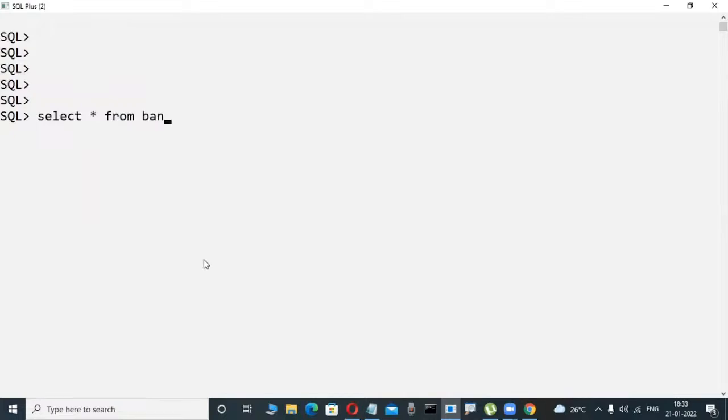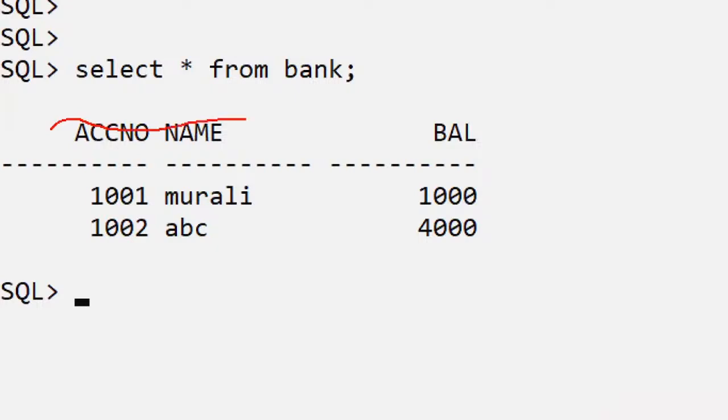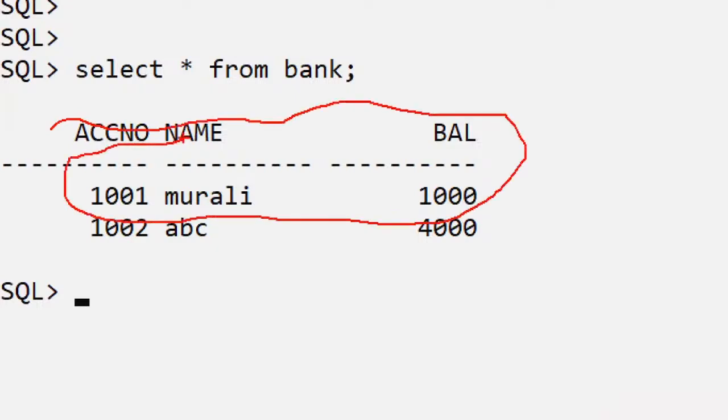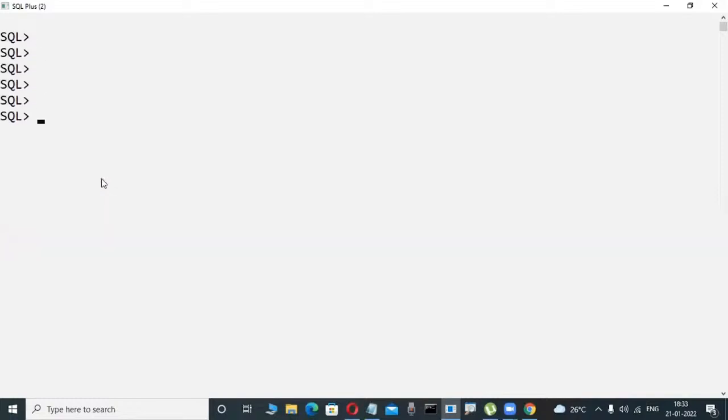Some syntaxes are there, don't worry, SQL language is there. Today I am creating one table, for example: create table, with a table name. Say today is the table name I'm giving. Okay, some syntax I know, that's why I'm creating a table.